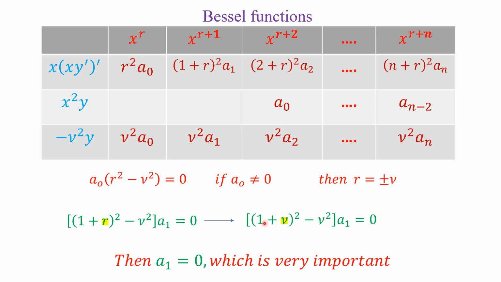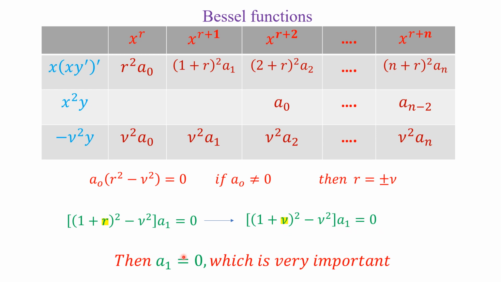So this is 1 plus nu squared minus nu squared into a1 is equal to 0. What does it mean? Then the bracket term will not go to 0, because this is 1 plus nu squared minus nu squared only. So this is having a definite finite value. So naturally, the alternative is a1 must be equal to 0.